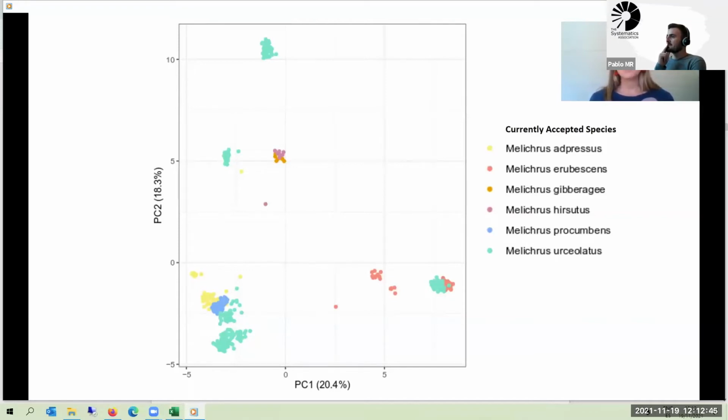In this plot, individual plants are represented by single points, and to keep things simple, they are coloured by their identification under the current accepted taxonomy, as you saw on the previous slide.